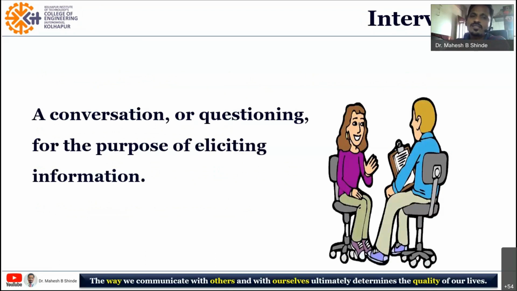Look at this simple, straightforward definition, which tells what interview is, against the assumption we have in our mind. What do you mean by interview? We feel that interview means a question answer session, where interviewers check our knowledge.